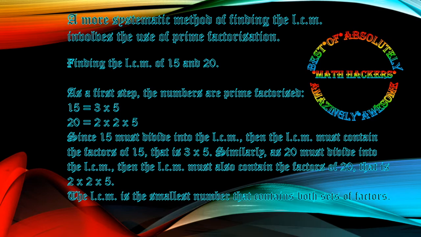So here, the point to be noted is, since 15 must divide into the LCM, then the LCM must contain the factors of 15, that is, 3 times 5. Similarly, as 20 must divide into the LCM, then the LCM must also contain the factors of 20, that is, 2 times 2 times 5. The LCM is the smallest number that contains both sets of factors.